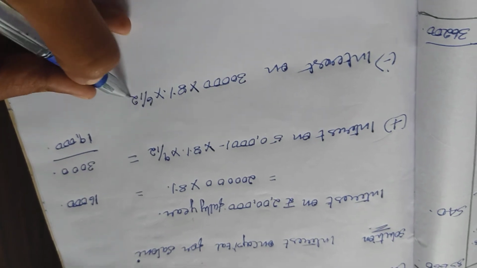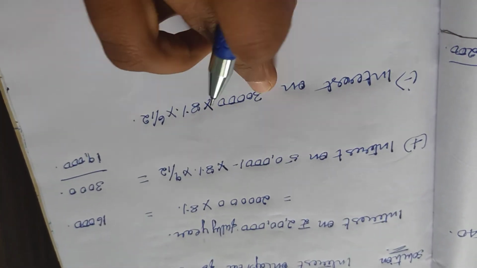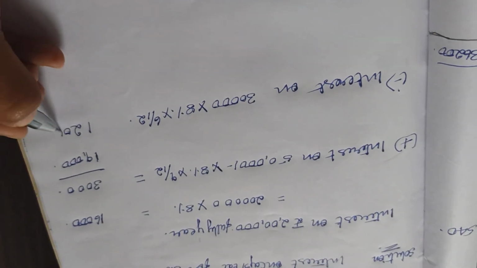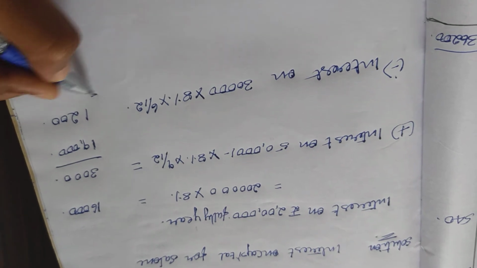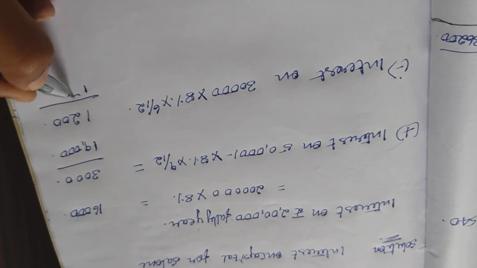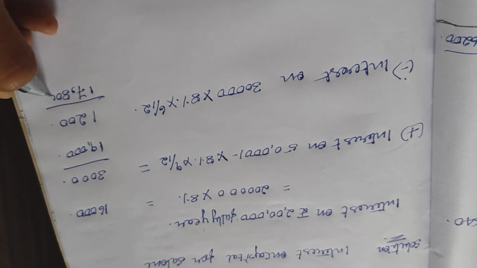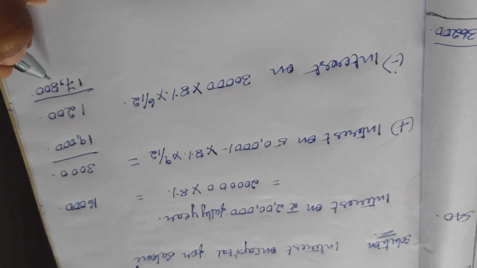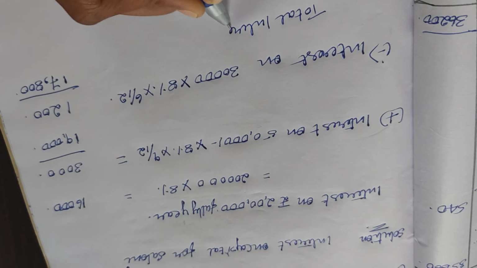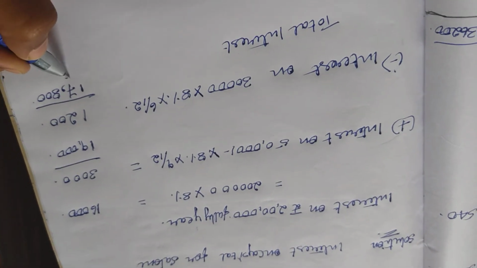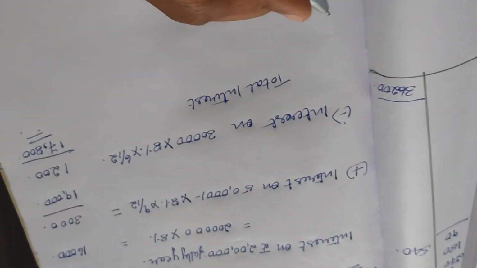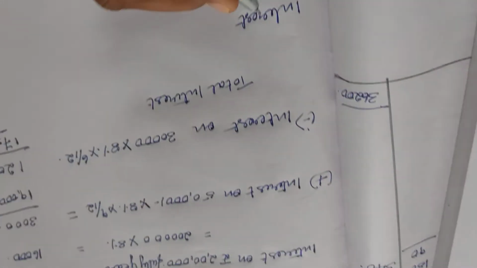So 6 by 12. As it is drawings, we have to deduct it. So 30,000 into 8% into 6 by 12 is 1,200. When we deduct 1,200 from 19,000, it comes to 17,800. So the total interest for Saloni is 17,800.